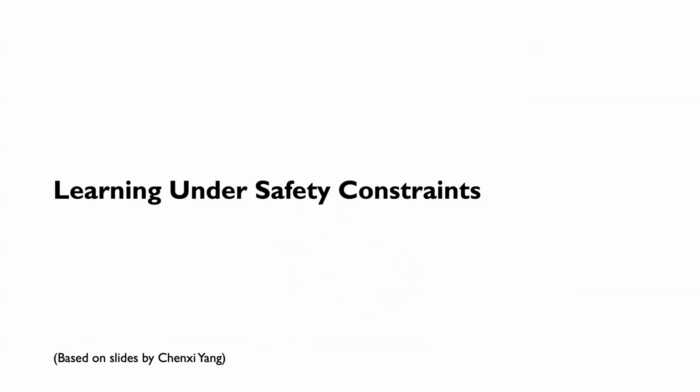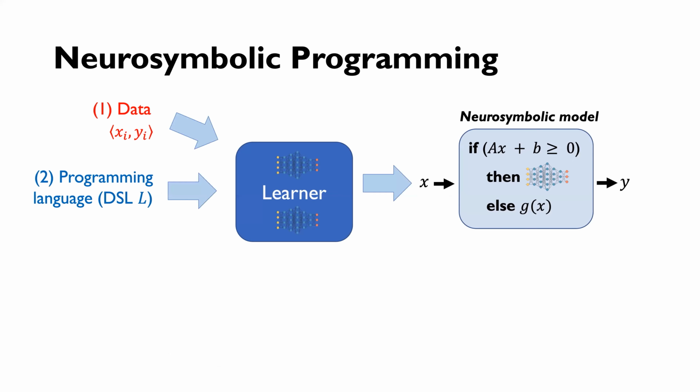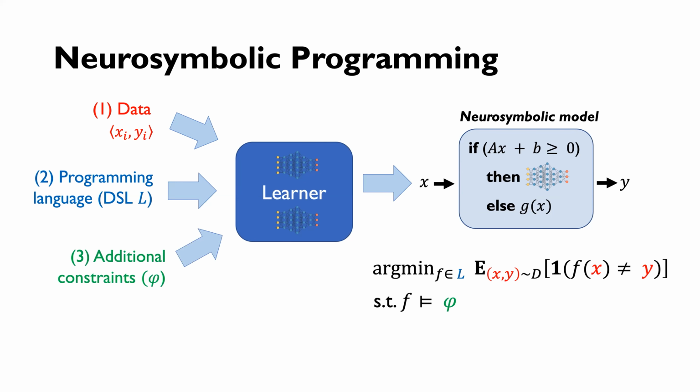Okay, so moving on, I just want to talk very briefly about one aspect of the neurosymbolic programming problem statement that we have so far ignored, which is the auxiliary constraints on the kinds of programs that we generate. In particular, when we introduced the picture of neurosymbolic programming, we mentioned that there could be potentially this third input to the learner, which is additional constraints.